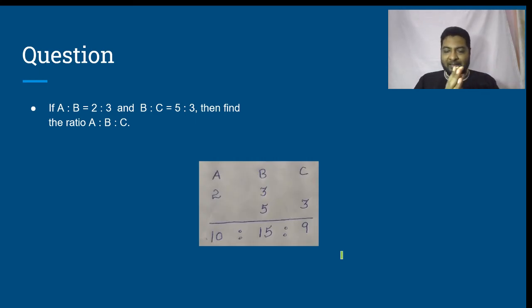Now, it is like, let us say a bag filled with marbles is kept. There are three people, A, B and C, who are standing. Whenever B picks 3 marbles, A picks 2 marbles. Whenever B picks 5 marbles, C picks 3 marbles.